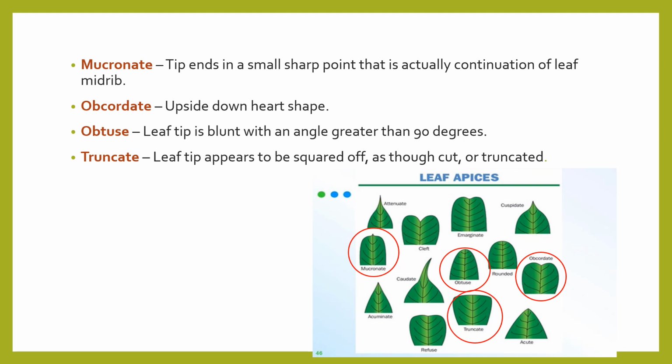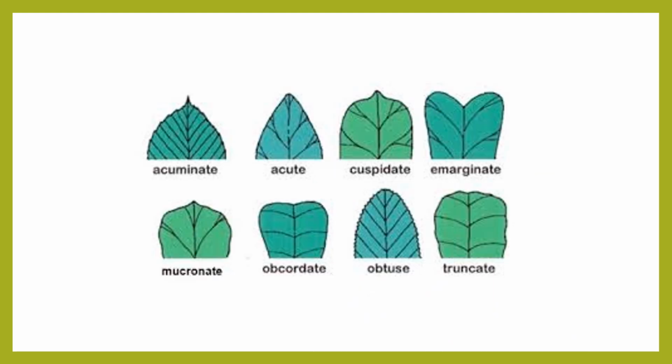It appears to be squared off, or truncated, or cut, like this one. Okay, now you know the different shapes of the leaf apex.